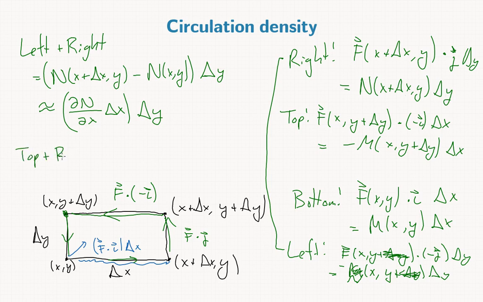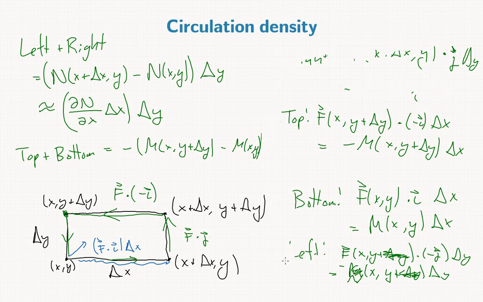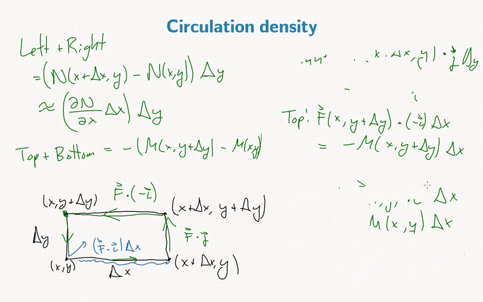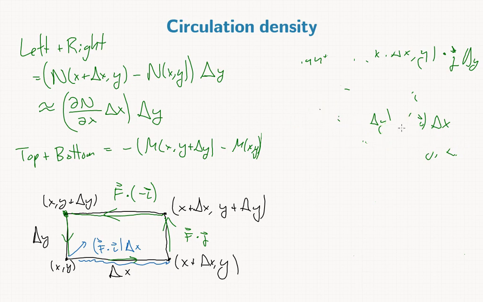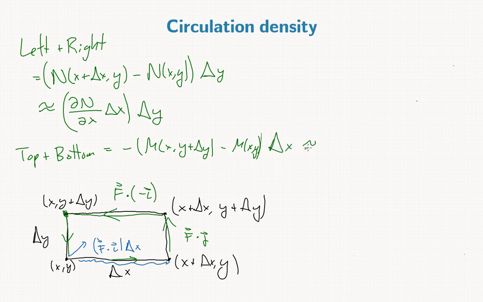And similarly, top plus bottom will give negative M of (x, y plus delta y) minus M of (x, y), and then that times delta x, and again that is approximately negative del M by del y delta y delta x.